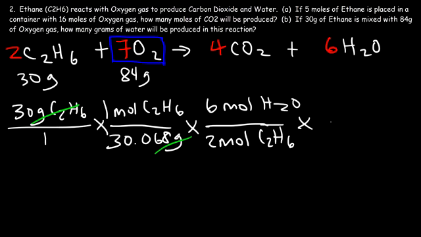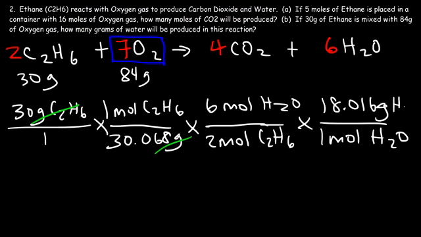Now finally, let's convert to grams of water. We have 2 hydrogen atoms, which is 2 times 1.008, plus the atomic mass of oxygen, which is 16. So that will give us a molar mass of 18.016 grams per mole. So that's how you can perform a gram to gram conversion.